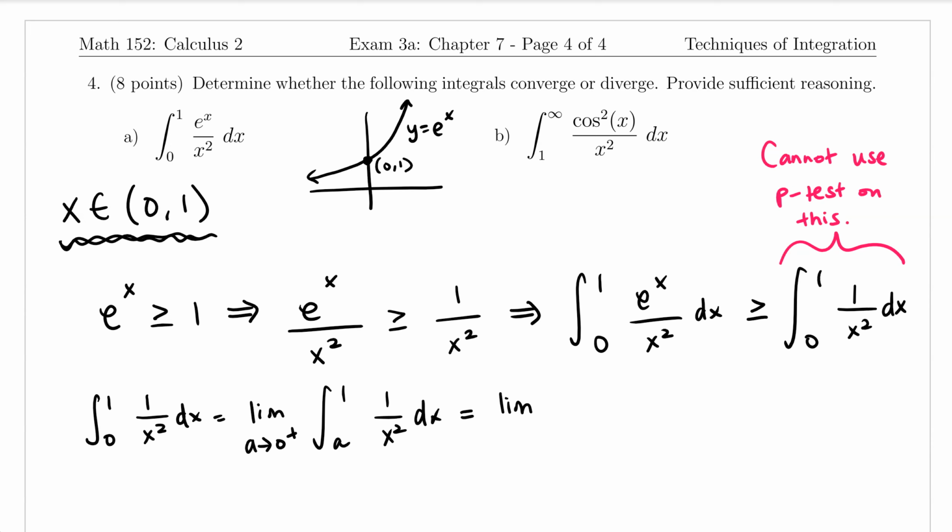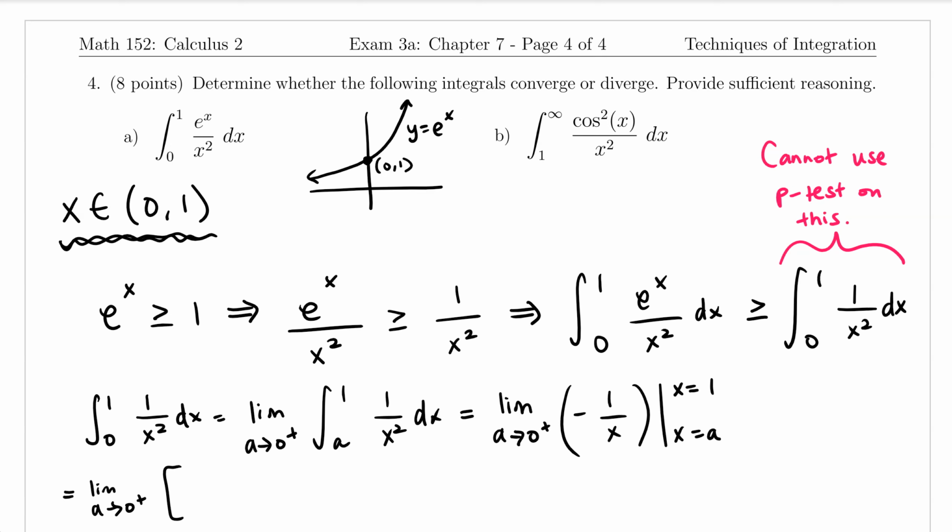This is going to equal the limit as a approaches 0 from the right-hand side of, if I take the antiderivative of 1 over x squared, we get negative 1 over x, and I'm evaluating this from x equals a to x equals 1. If I plug in the limits of integration, we have the limit as a approaches 0 from the right-hand side of negative 1 over 1 plus 1 over a.